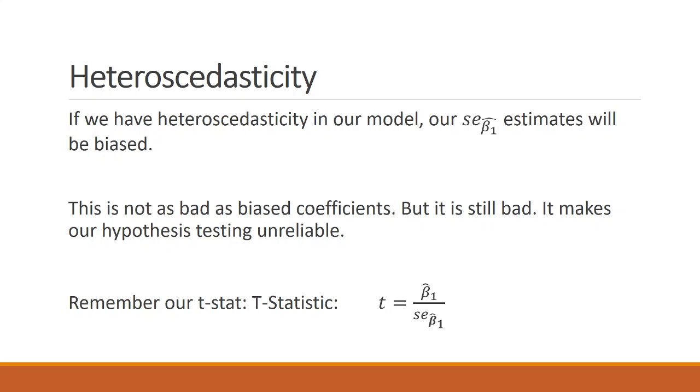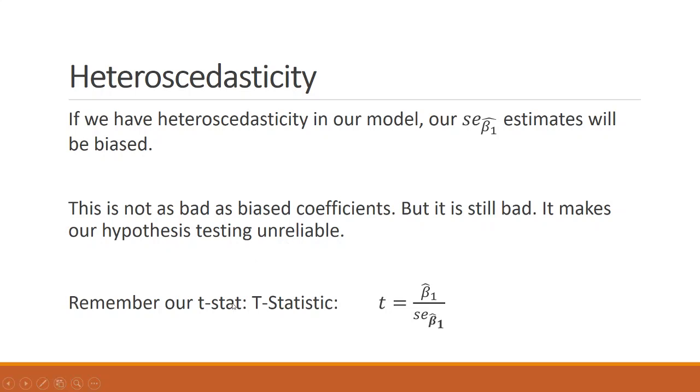And if it affects the variance, then it will affect our hypothesis testing. So if we have heteroskedasticity, our standard error of our coefficient estimate will be biased. And if it's biased, that's going to mess up our hypothesis testing. It's going to make our hypothesis testing unreliable.